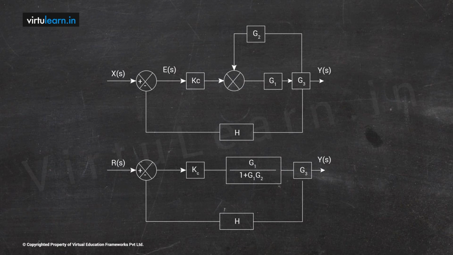If we interchange them, we get one forward path and one feedback loop. The forward path can be easily reduced to G1 plus G3, and this loop can be reduced using the formula G by 1 plus GH.